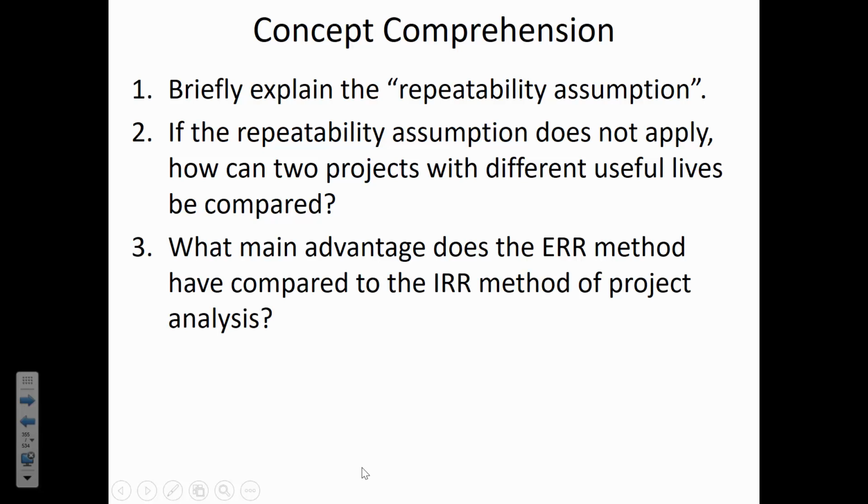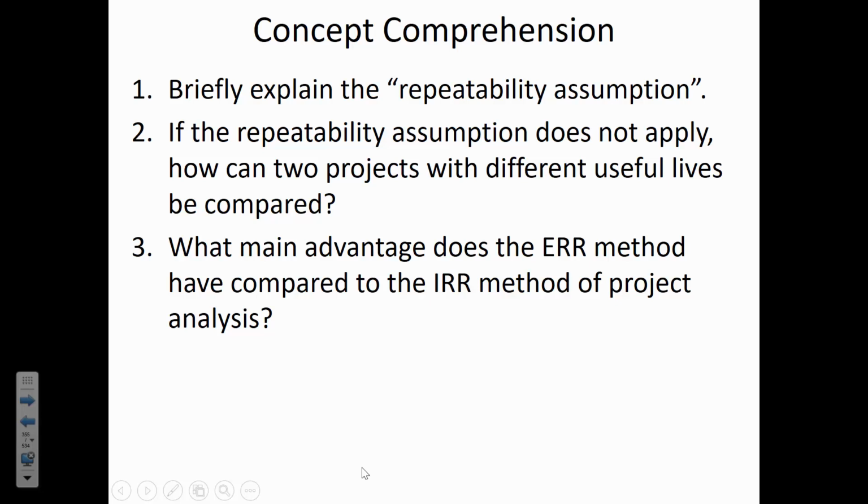What's the main advantage of the ERR method compared to IRR method? Now, sometimes when I give a problem like that, the student will answer, ERR stands for external rate of return, IRR stands for internal rate of return. And that's the full extent of the answer that I get. Well, I'm always pleased when you know what the acronym stands for, but that's really not the heart of this question.